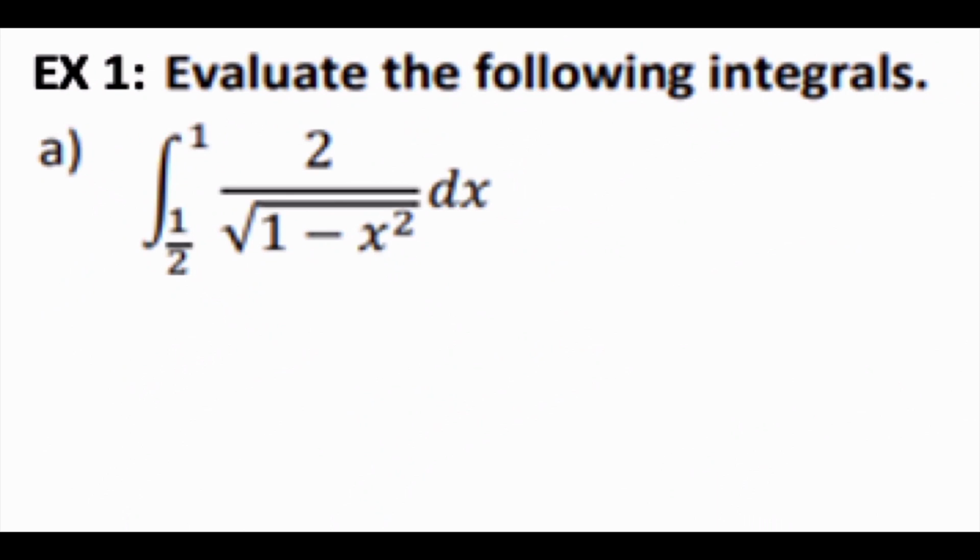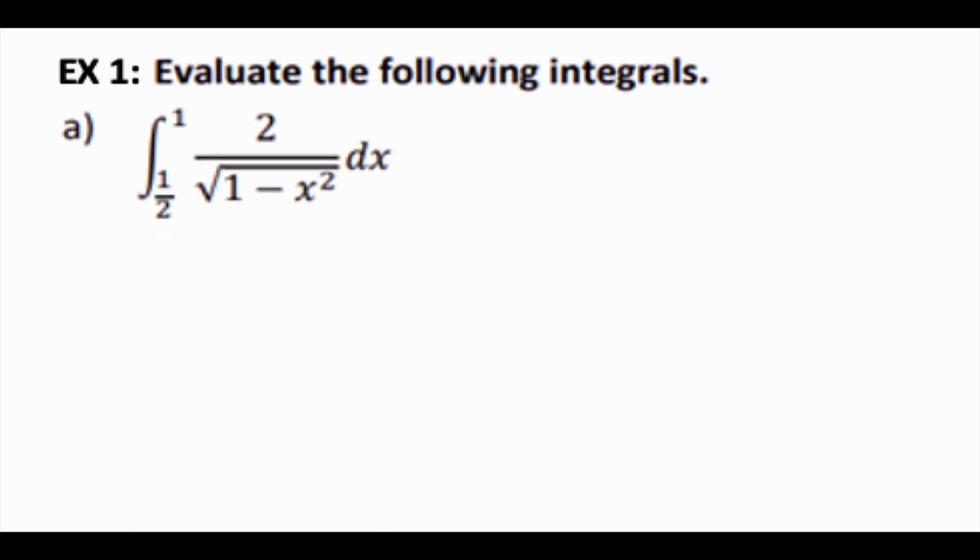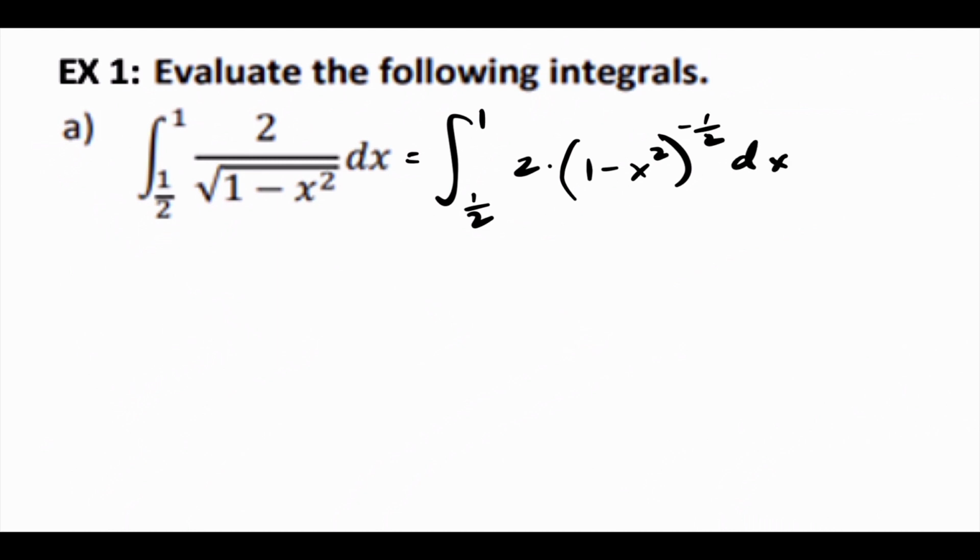Okay. So let's say you're doing this problem like we did last week. First thing we do is we change it, right? We change the power. 1 minus x squared to the negative 1/2 power dx, right?